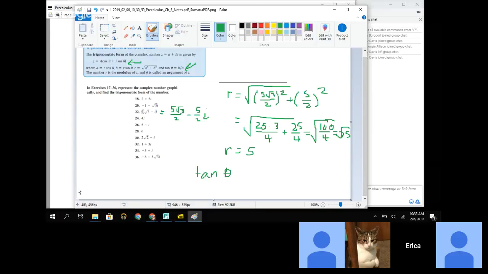The tangent of theta equals your complex number, which is 5 over 2, divided by your real number, which is 5 square root of 3 divided by 2. What's nice when you write this fraction out is that you get to cross the 5's off and the 2's off, and you're left with the tangent of theta equals 1 over the square root of 3.